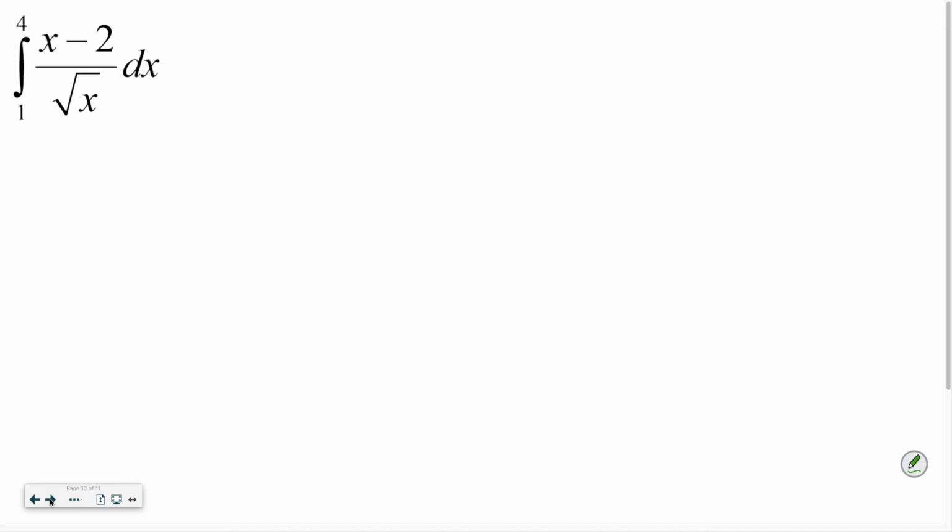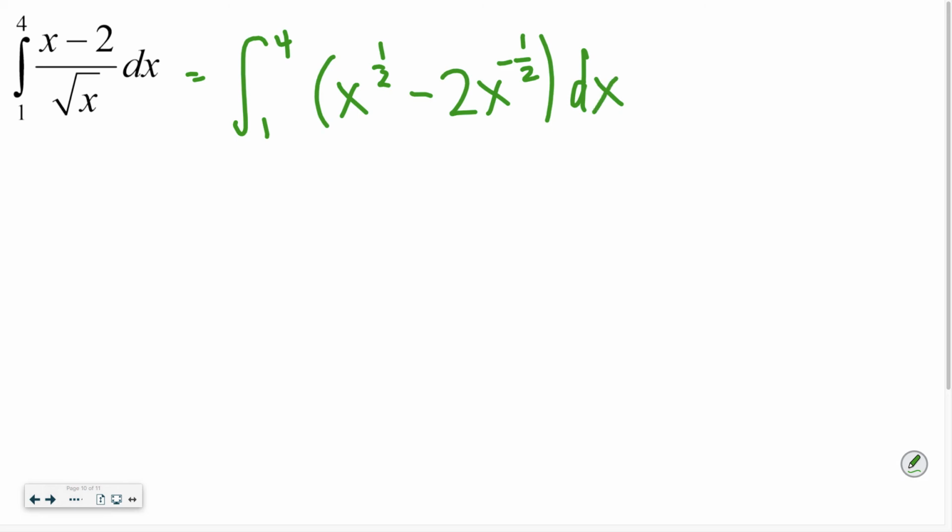All right, what do we got to do with this radical x? Bring it up and actually put it to both. We can only use the power rule. So this is from 1 to 4 of x to the 1/2 minus 2x to the negative 1/2. And now we can take the antiderivative.